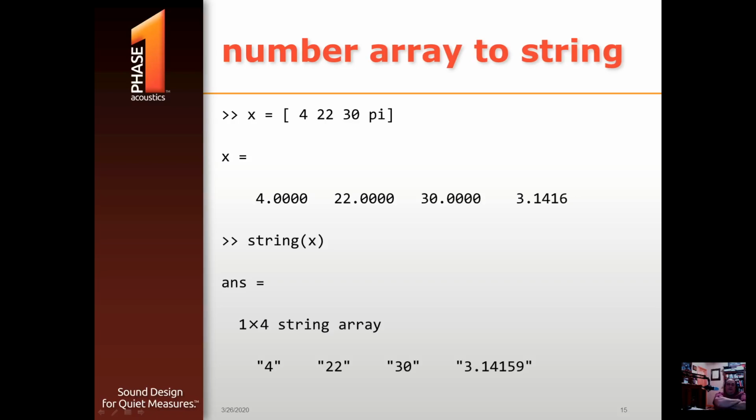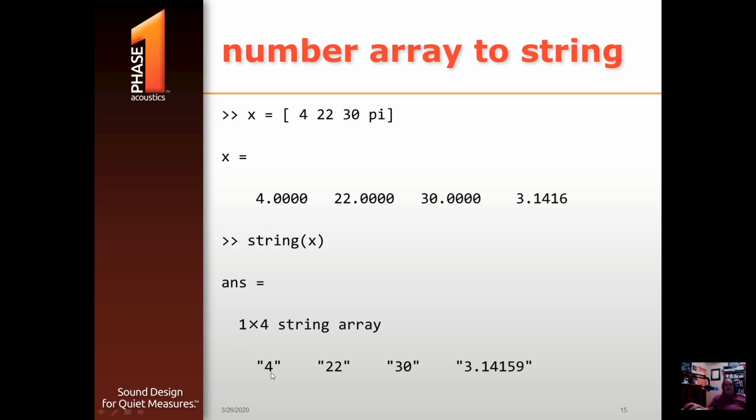So this is an example of understanding what the MATLAB functions do and how they perform. The string function does not append or concatenate all of the strings. It returns an individual string array for each element.